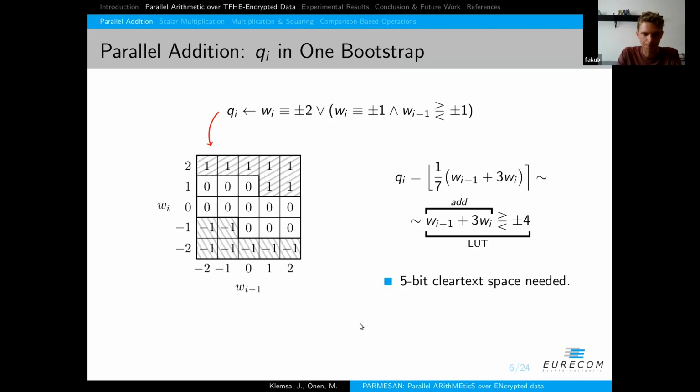And interestingly, there's one property of lookup table evaluation in TFHE I didn't mention yet, and that's that the lookup table needs to be negacyclic, meaning that only one half of the lookup table can be given. The other half of the lookup table is given inherently by its negative image, so it's basically anti-periodic.